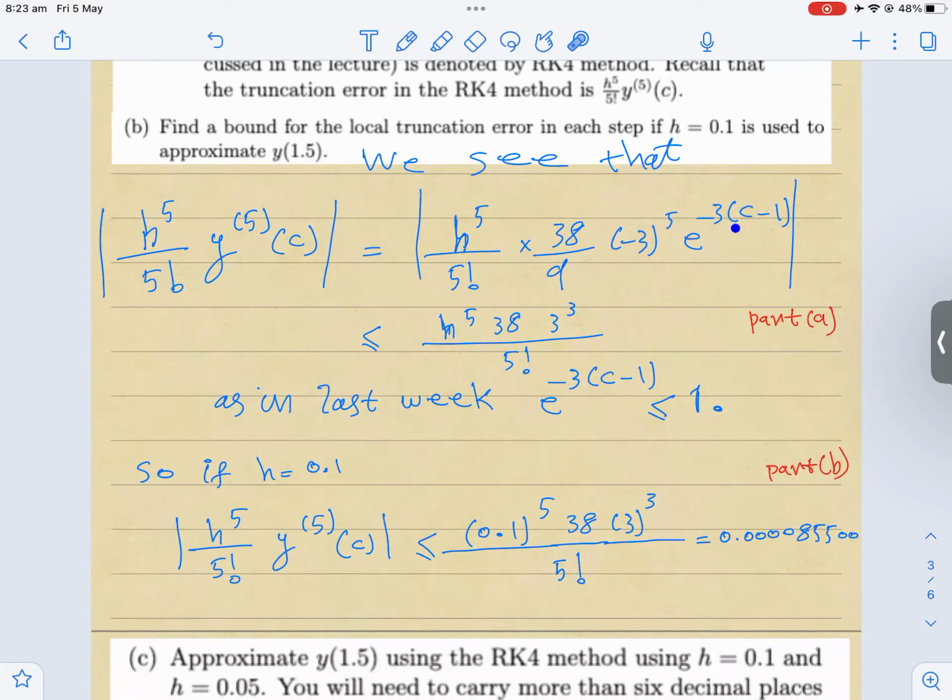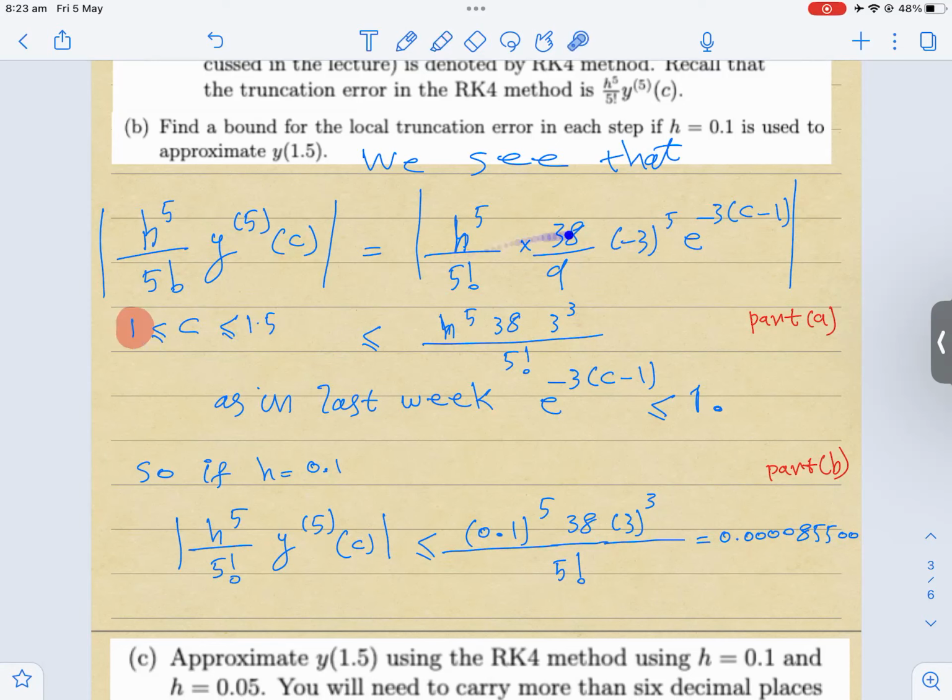To get the upper bound or the maximum value, since the exponential of a minus argument is decreasing, between c and 1.5 you will choose c equal to 1.